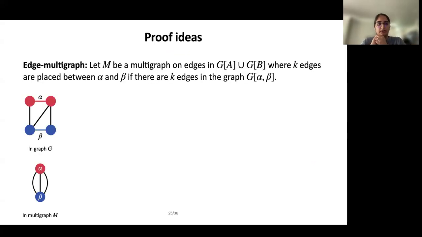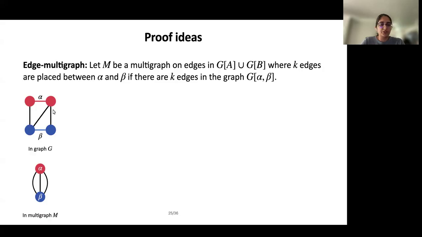that we introduced called the multigraph M, which is nothing but the edges of my graph GA union GB just become the vertices of this new graph M. So alpha is a red edge, that is an edge in A. Beta is a blue edge, that's an edge in B. And now they become a red vertex and a blue vertex, respectively.